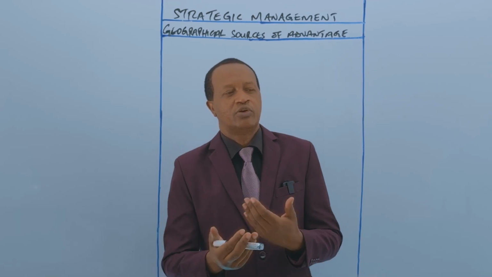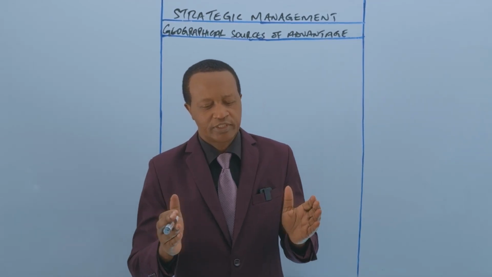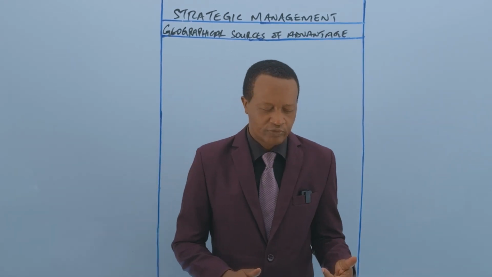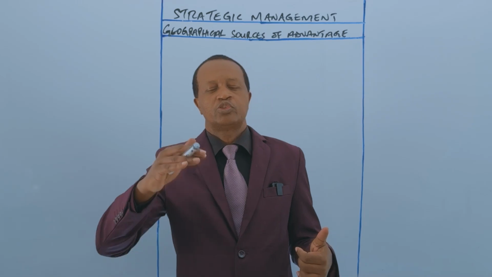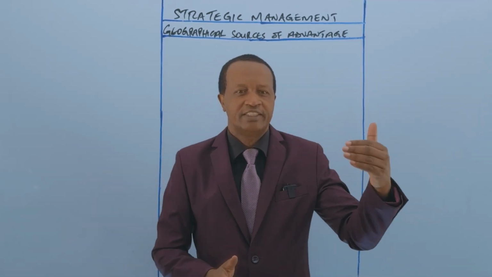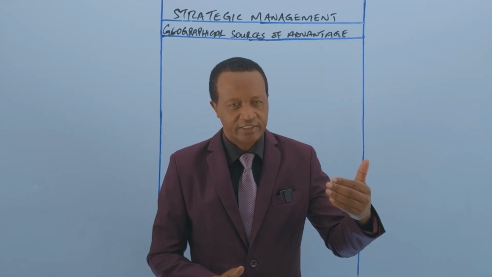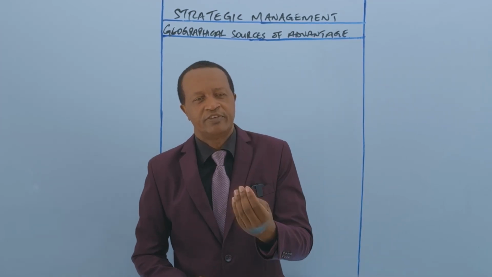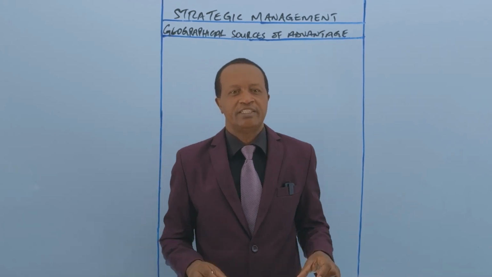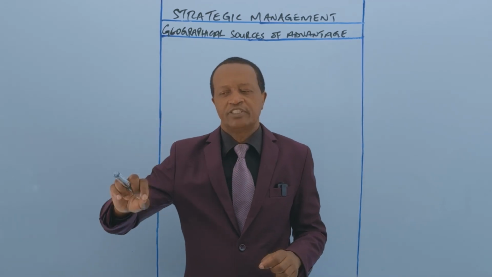Geographical sources of advantage, candidates in strategic management, is also known as location-bound advantages. These advantages refer to the specific competitive benefits that a company gains by operating in a particular physical location.